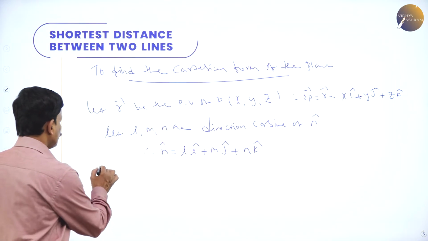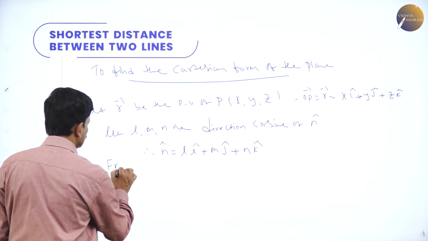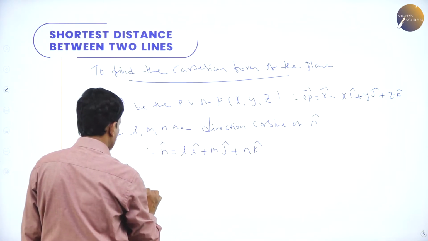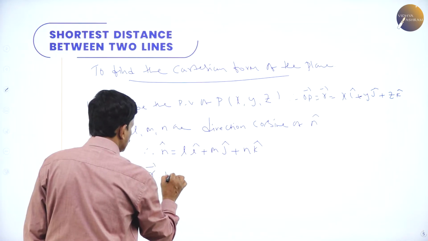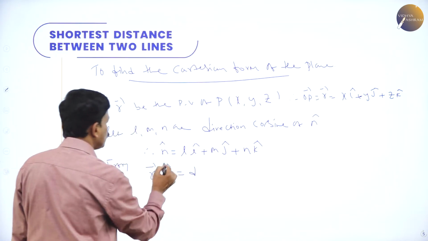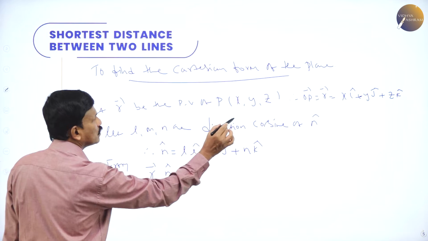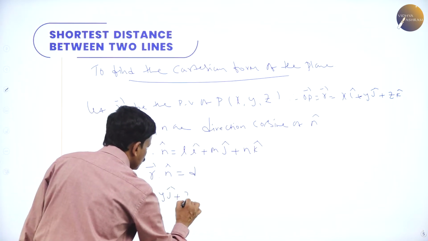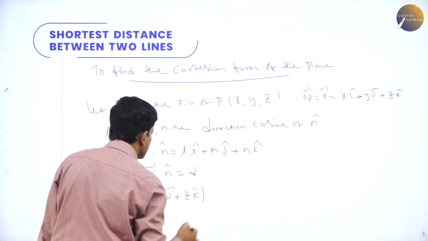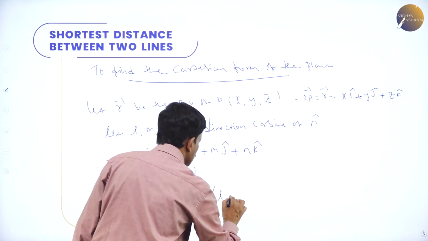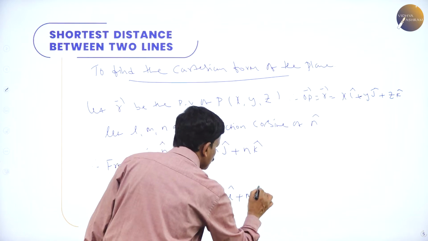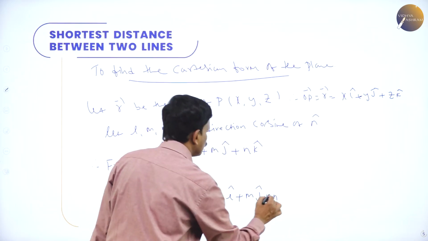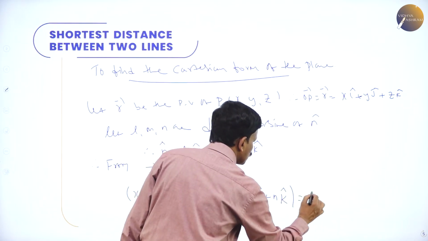Now, from r dot n cap is equal to d, what is vector r? Vector r is equal to x into i plus y into j plus z into k cap, dotted with n cap, which is l into vector i plus m into vector j plus n into vector k, is equal to d.